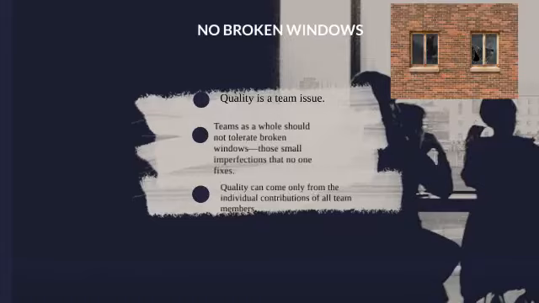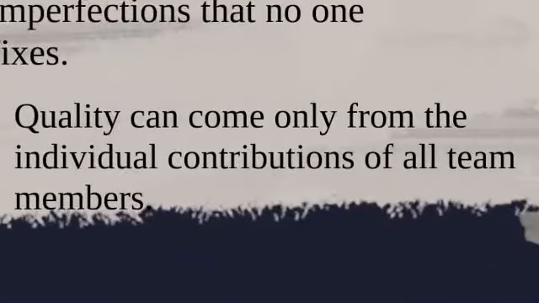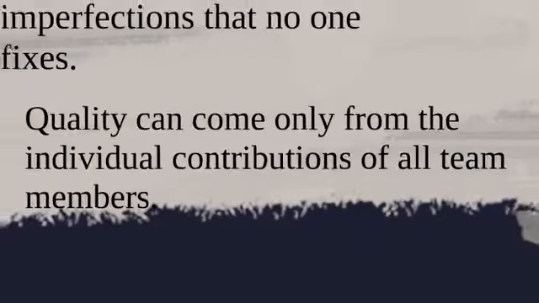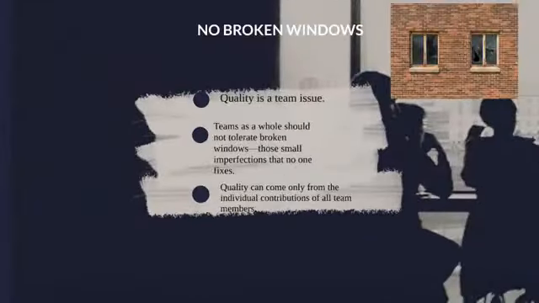Okay, now quality can come only from the individual contributions of all team members, which is quite clear from the statement that each and every member of a team is responsible for the quality of the deliverable. It cannot be delegated to a single person. The team as a whole is responsible. Now, that is what the no broken windows technique is telling us.